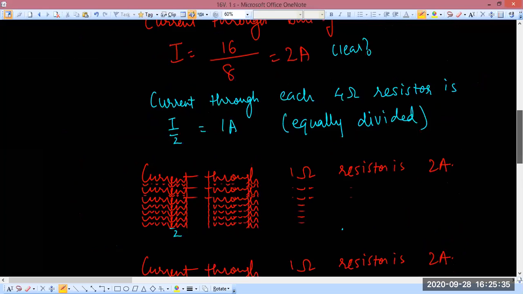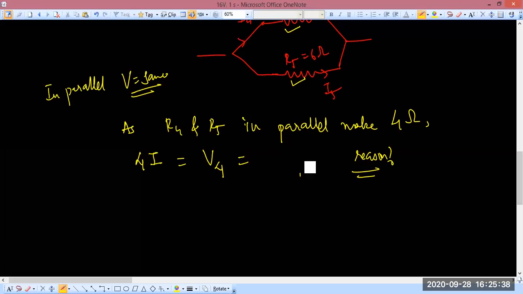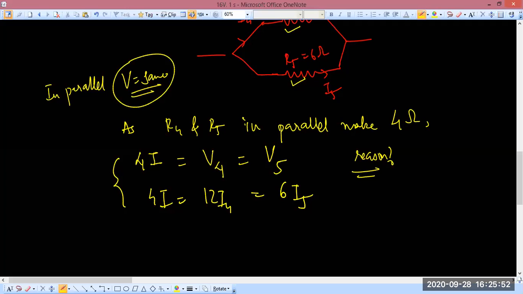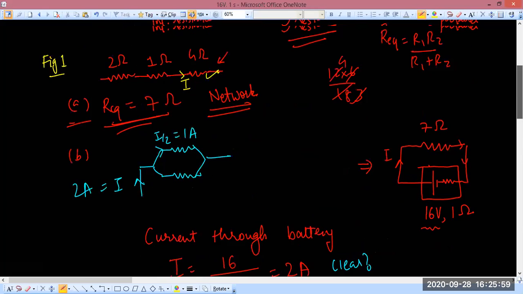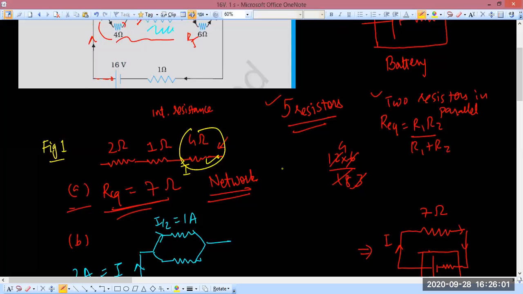So effectively I can also write it like this. Is this clear? Yes or no? Again, in parallel the voltage should be same. So the voltage for R4, the voltage for R5, and also the voltage for this should be same. Method absolutely clear?